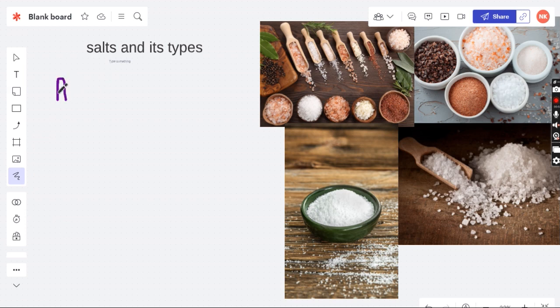When the acid combines with the base, the product that we get is salt. Acid plus base is equal to the final product, which is salt. Acid plus base is equal to salt. This is the final product that we get.